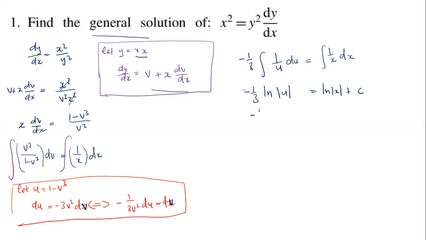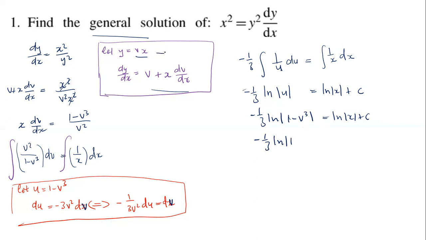So that means here we're going to have 1 over 3 ln of u. Our u in this case will be equal to 1 minus v to the power of 3, which is equal to ln of x plus C. Like I said, you can just write ln C, okay? It's still fine.